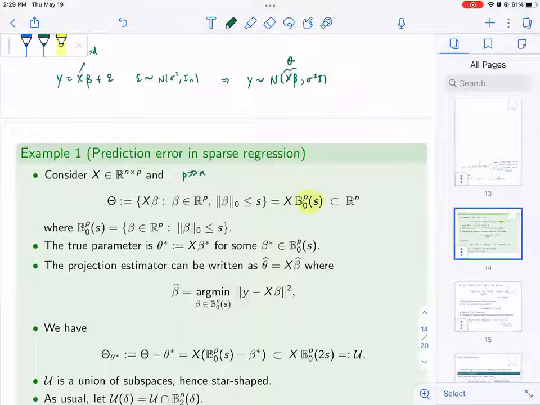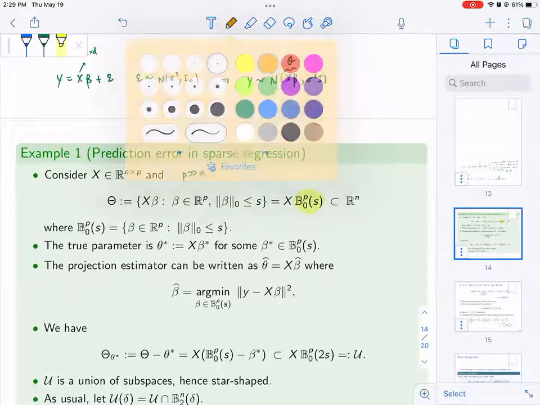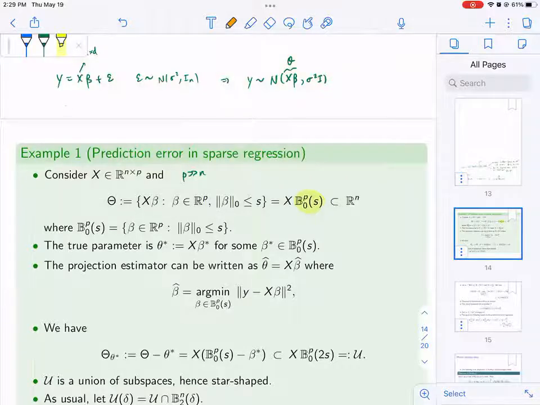If you want to imagine what this looks like, let's say n is 3, p doesn't matter, p could be 100, and s is 1. So what would this theta look like? It would be a subset of R3.